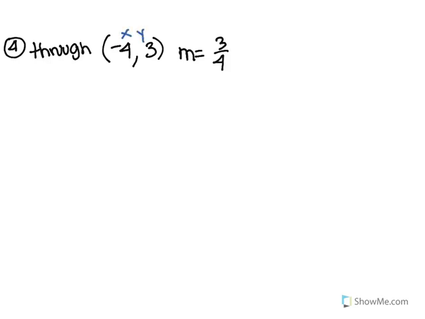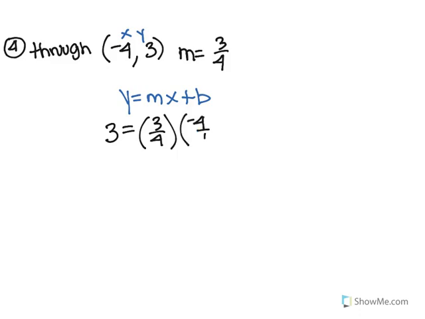Number 4. We're going to write the equation that's going to go through (-4, 3), and the slope is 3/4. So we got y equals mx plus b. So our y is 3, m is 3/4, and x is -4.